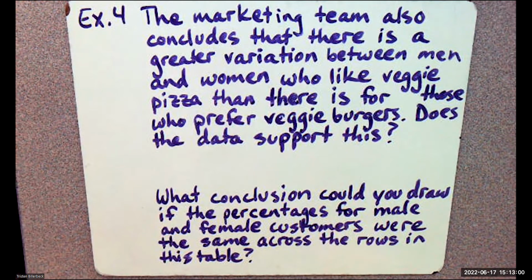Does the data support this? And then we're going to look at what conclusion you could draw if the percentages for male and female customers were the same across the rows in this table. All right, so let's look at that data.